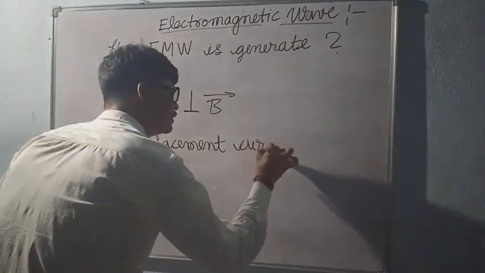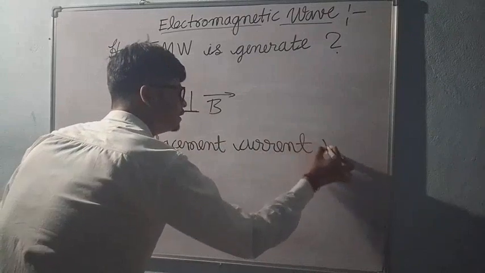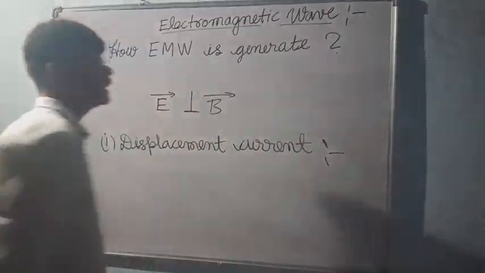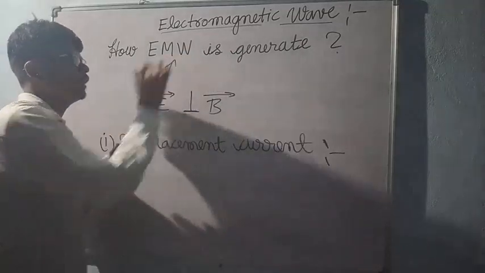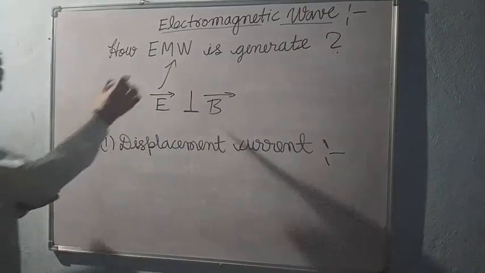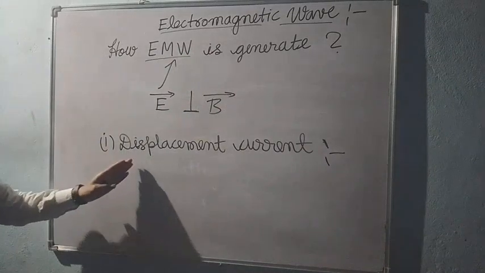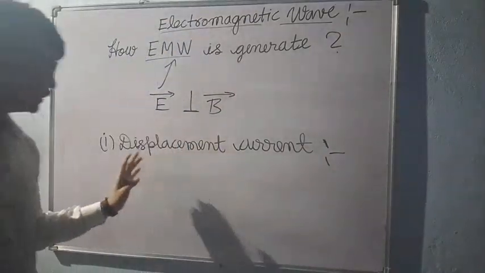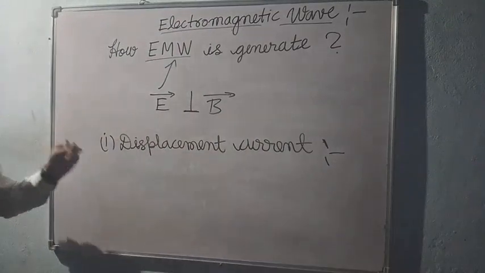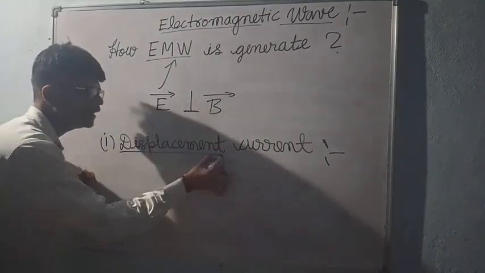The electric field and magnetic field simultaneously, when both fields are placed together, electromagnetic waves are generated. EMW, in short, we write EMW. So, on a first overview of this topic, we look at how displacement current is produced.